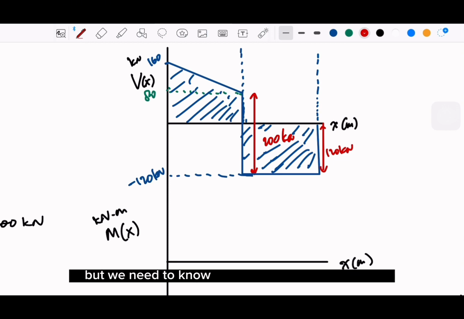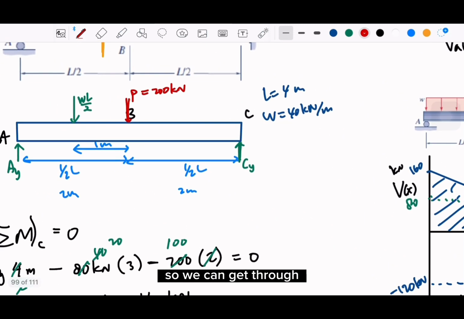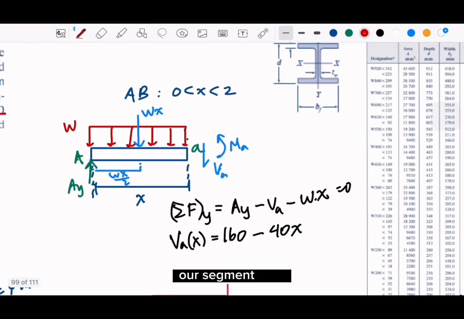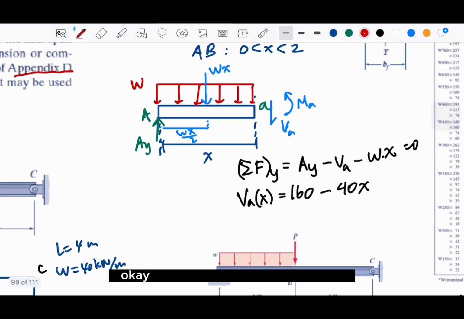But we need to know the maximum moment, right? So we can get it through our segment here. Okay, we haven't finished yet with this part. So we take the moment at A equal to 0.